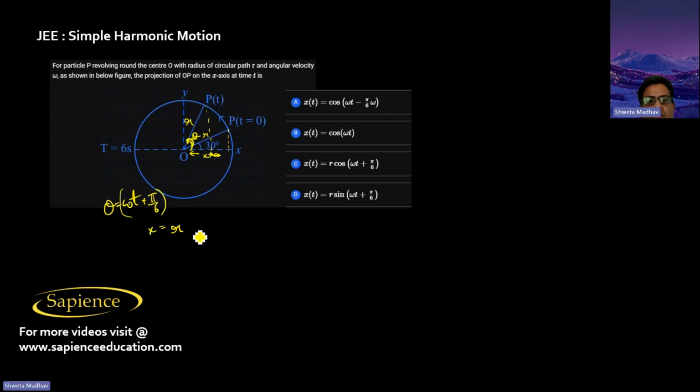So x will be equal to r cos theta, so it is r cos of omega t plus pi by 6. That's why initially at t equal to 0, the projection of OP on the x-axis will be r cos pi by 6, which is equal to root 3 r by 2.